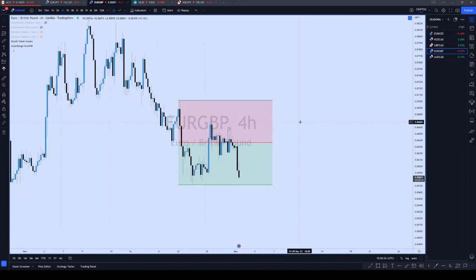Now if you look closely, what will be the premium level that you can sell short at? That is in the red. The red area is the premium, the green area is the discount. If you look at it, right, where will be the right level to sell short with this on your chart?